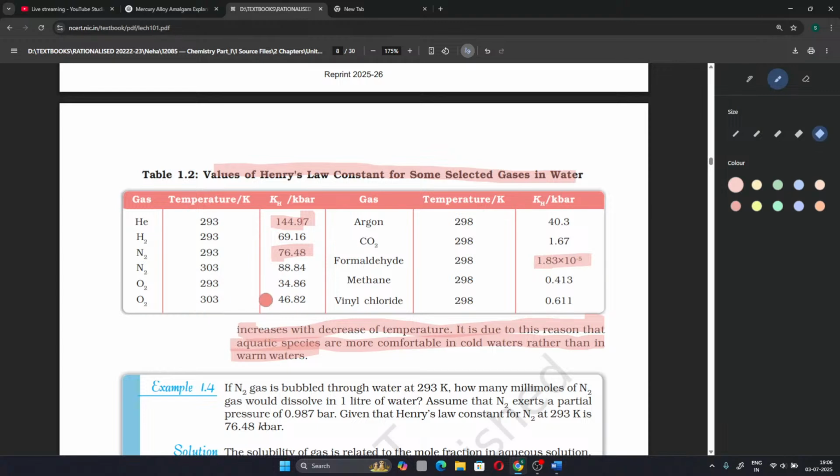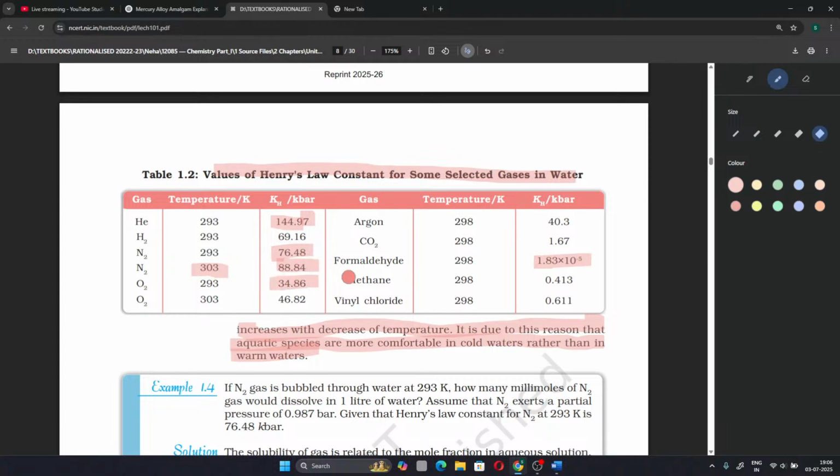In case of nitrogen, at a 10 degree higher temperature, the KH value increased even further, which means its solubility decreased.